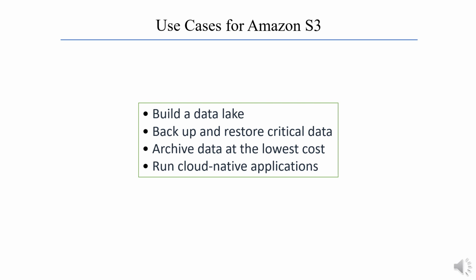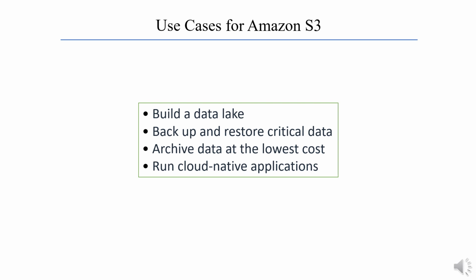Build a data lake. Run big data analytics, artificial intelligence, machine learning, and high-performance computing applications to unlock data insights. Backup and restore critical data. Meet recovery time objectives, recovery point objectives, and compliance requirements with robust replication features of Amazon S3.